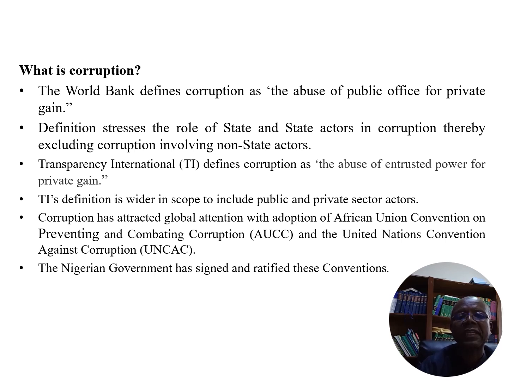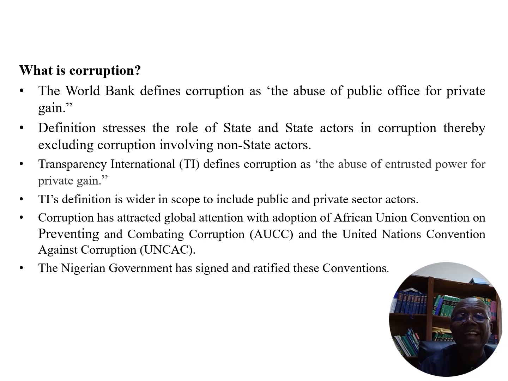Corruption has attracted global attention with the adoption of the African Union Convention on Preventing and Combating Corruption and the United Nations Convention Against Corruption. These are only examples of conventions on corruption that relate to Africa. There are other international conventions on corruption for other regions of the world.